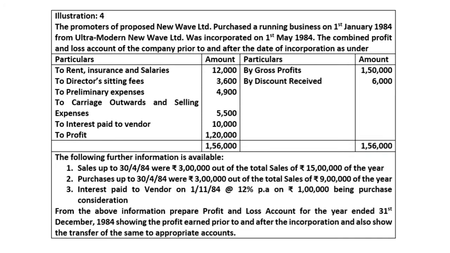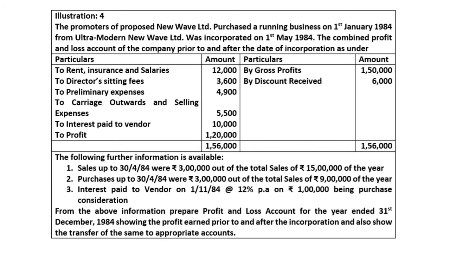The promoters of proposed New Wave Limited purchased a running business from 1st January 1984 from Ultra Modern New Wave Limited, which was incorporated on 1st May. January we have purchased, May it has incorporated. Combined profit and loss account for the period of pre and post is given below. We have particulars, amounts: rent, insurance and salaries, director's sitting fee, preliminary expenses, carriage outwards and selling expenses, interest paid to vendor, profit, gross profit, discount received.